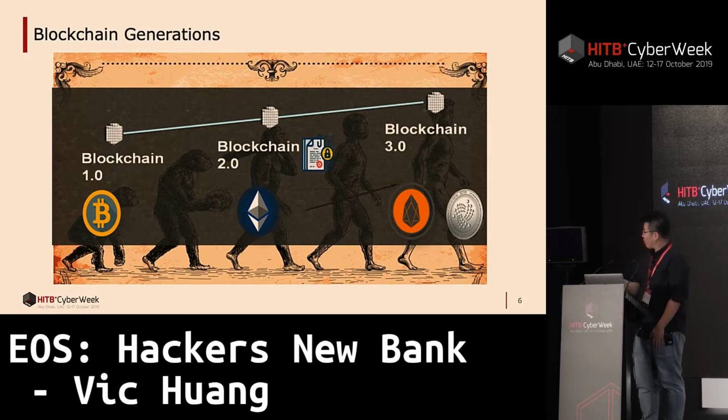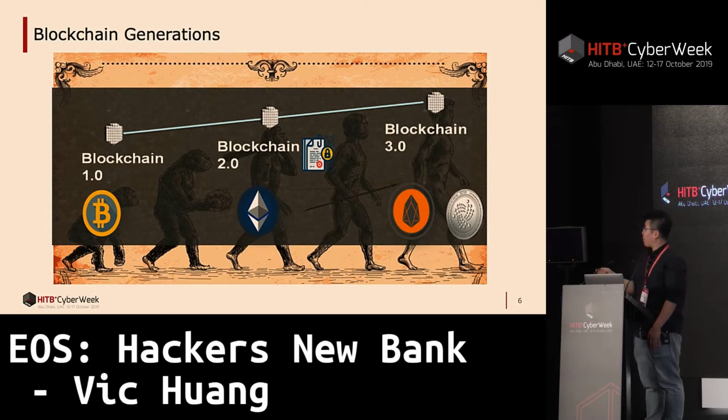The second generation of blockchain is about the smart contract, marked by Ethereum. The most important thing in generation 2 is the software developers, because smart contracts can be written by developers themselves.